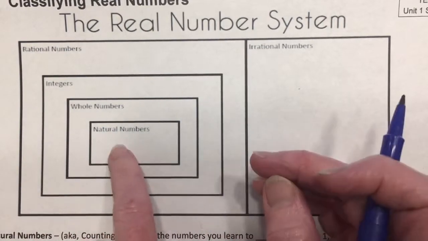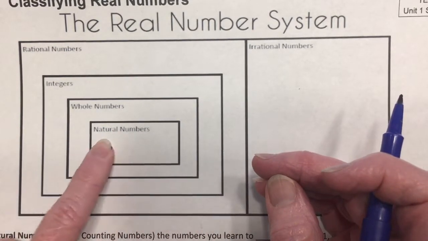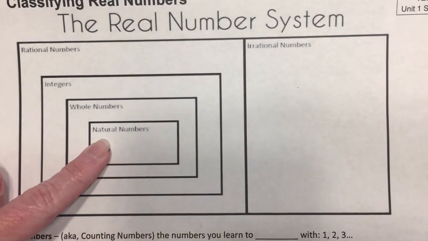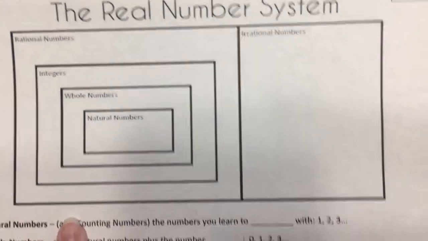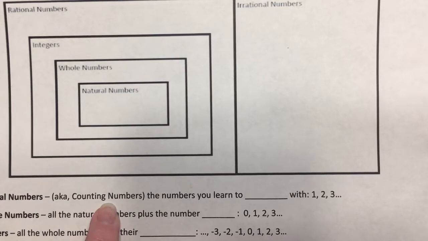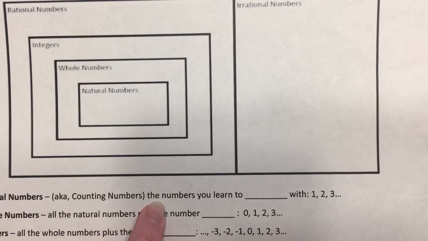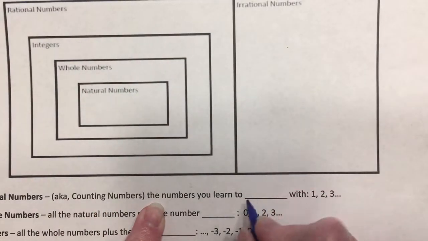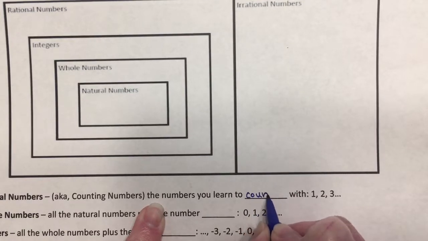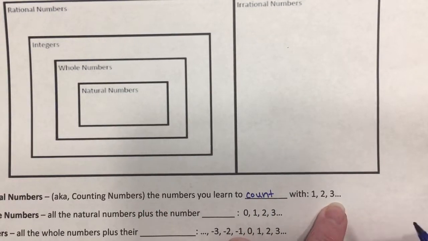In the very middle here, you have natural numbers. That's the smallest group of numbers. The natural numbers are also called the counting numbers, and they're the numbers you learn to count with. When you first start school and they teach you to count, what do you start with? You start with 1, 2, 3, and so on.